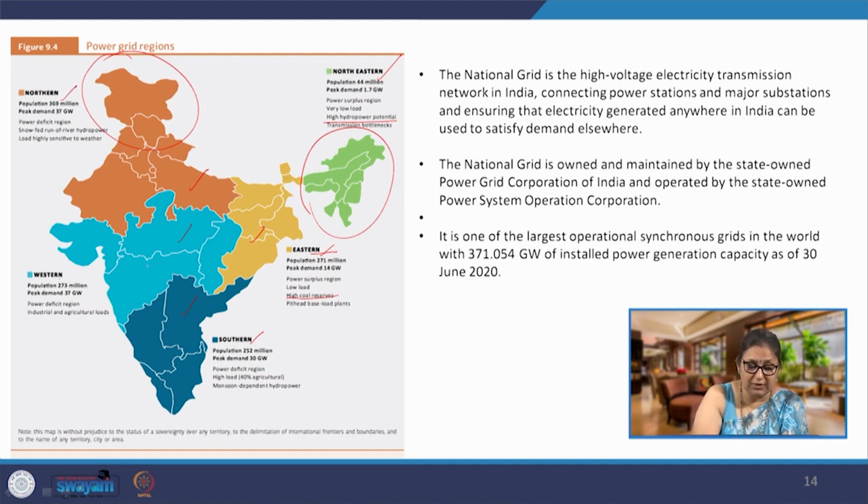So, solar is available more or less throughout the country, and if you are looking at northern region, it has the potential for hydropower, which is snow fed run of the river, and this hydropower is also sensitive to weather. So, the output of electricity using these is also dependent upon weather.